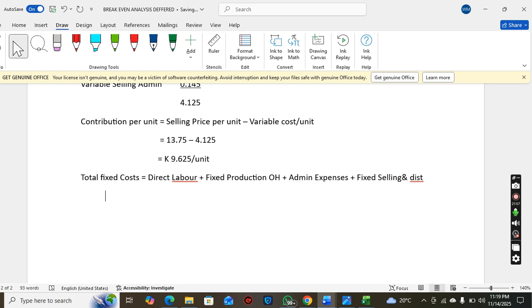Okay, so direct labor was 205,500 plus fixed production overheads.